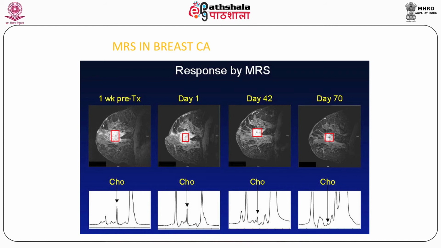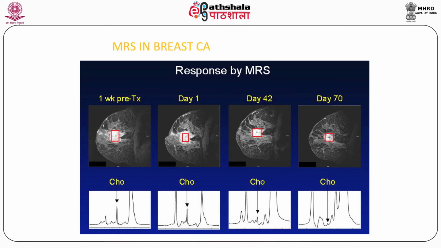Here is an image that shows the response of MRS over a period of time following a doxorubicin based chemotherapy for a patient with advanced breast cancer. The first image represents the pre-treatment image, 1 week pre-treatment image. We see a choline peak which is partially elevated.